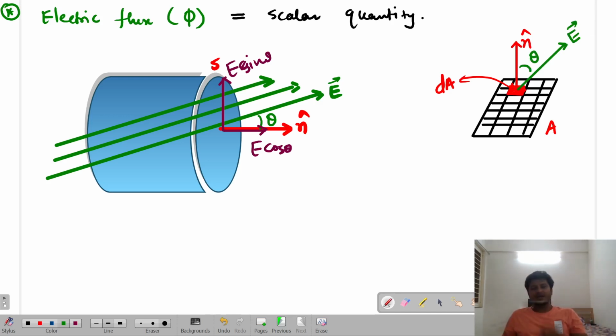Then the flux is defined as follows: from that small area I'll have a small flux. That small flux is defined as d phi, and it will be given as, one minute.